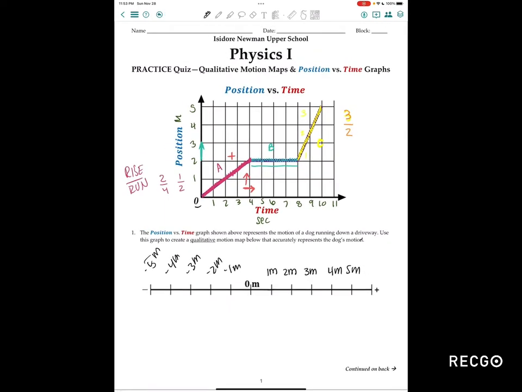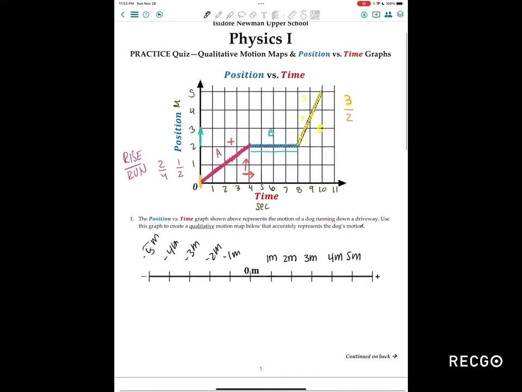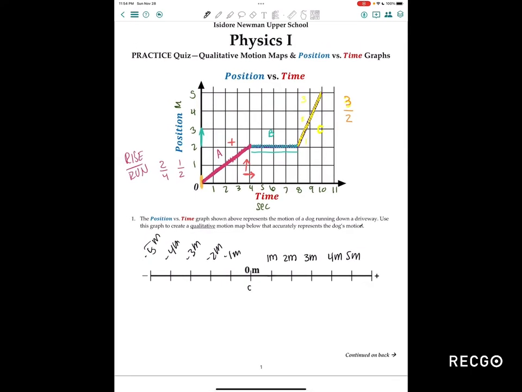We start at our origin, okay? Something helpful. Well, actually, this is a little tricky with motion maps. You must include the 0. So our motion map, our line A, would look like this. 0 seconds is where we start.